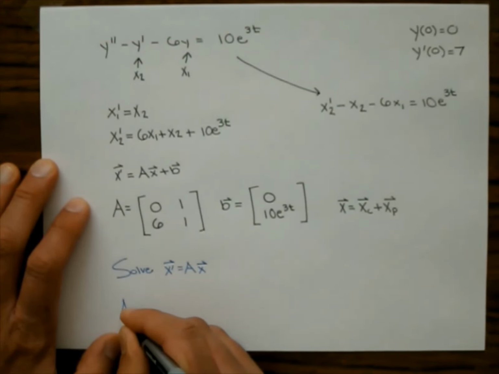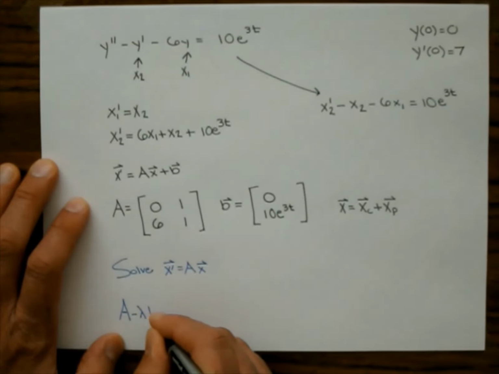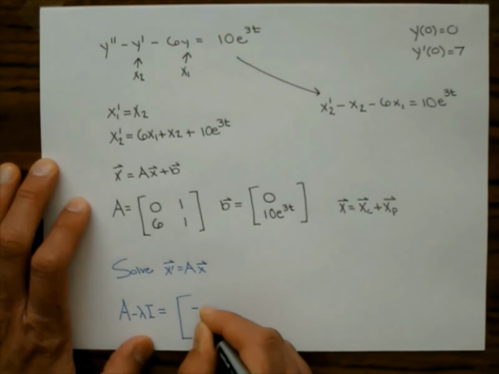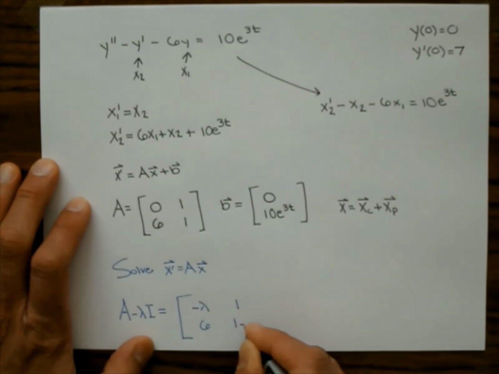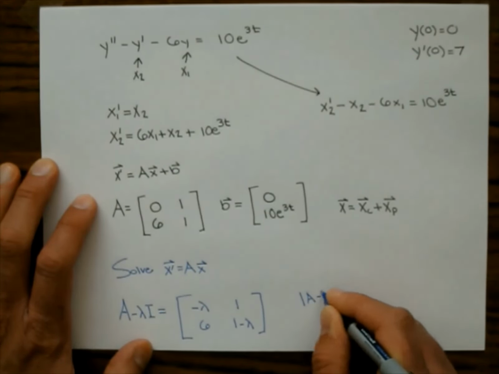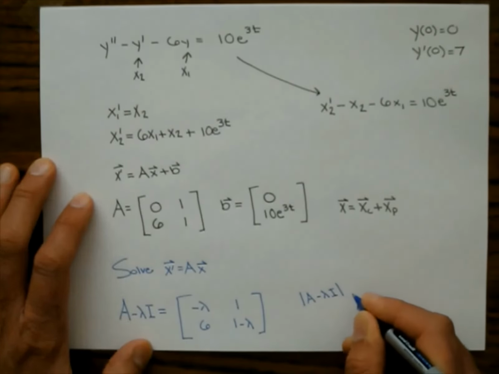So let's go ahead and write out the A minus lambda I. This equals negative lambda, 1, 6, 1 minus lambda. I'll want to take the determinant of that matrix and set that thing equal to 0.